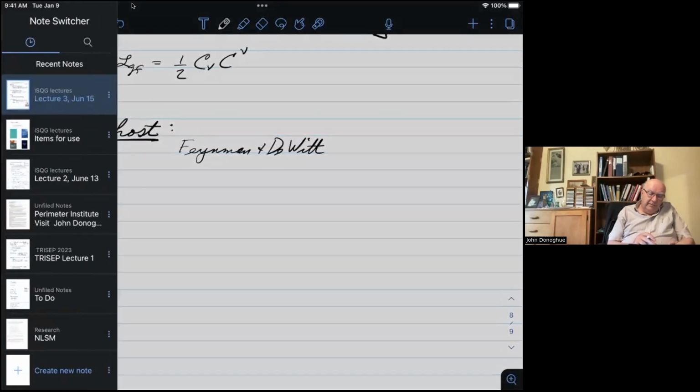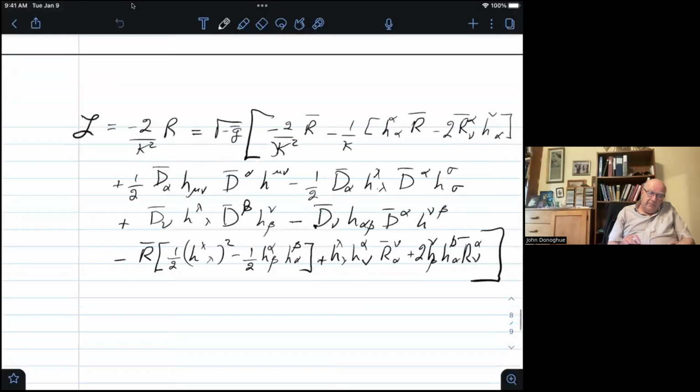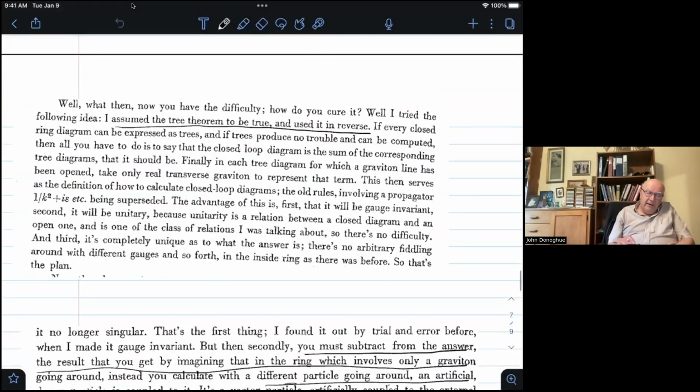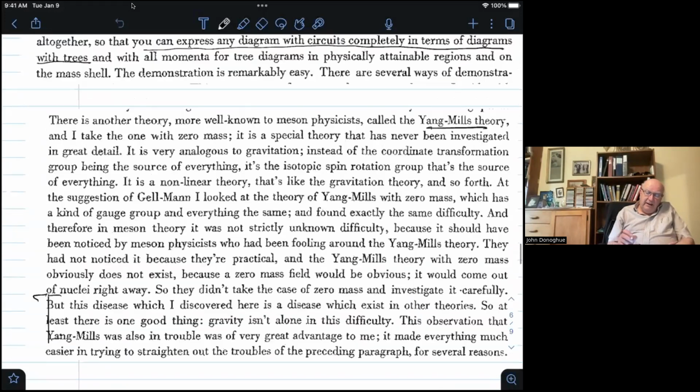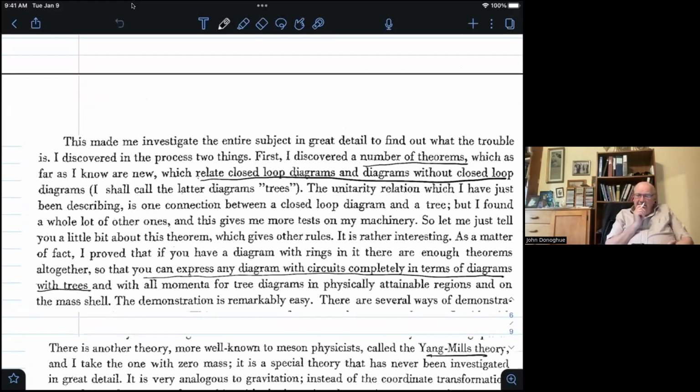So I posted the Feynman paper, and in it he does two remarkable things. The first is he made a discovery which is called Feynman's tree theorem.